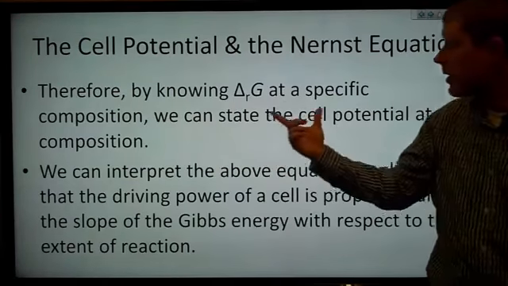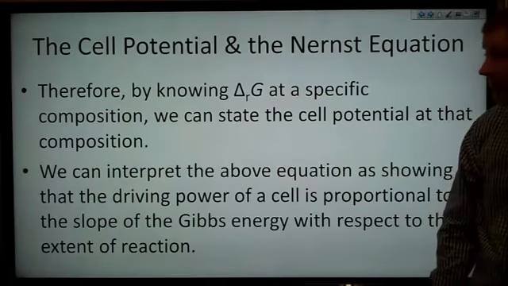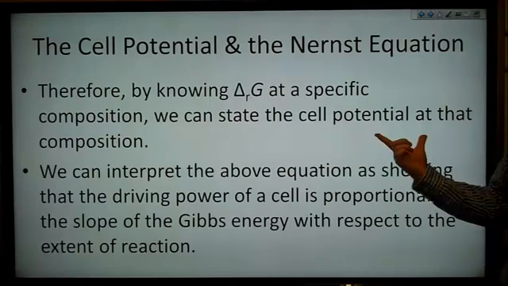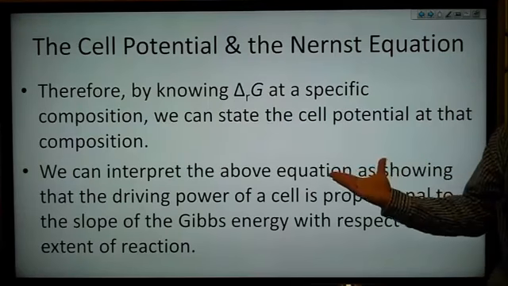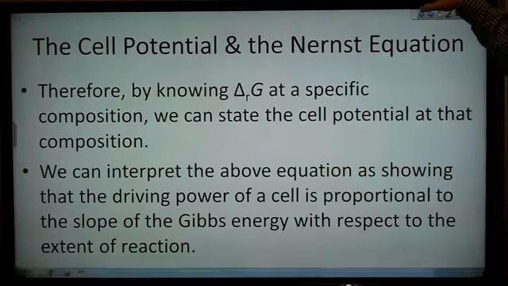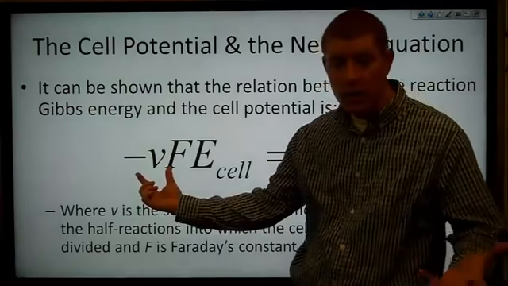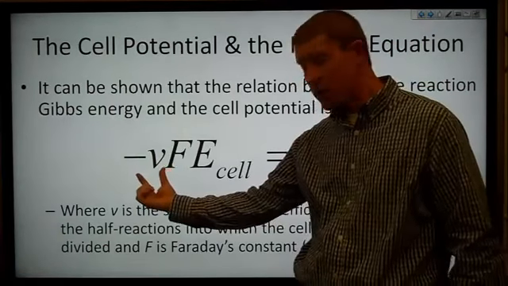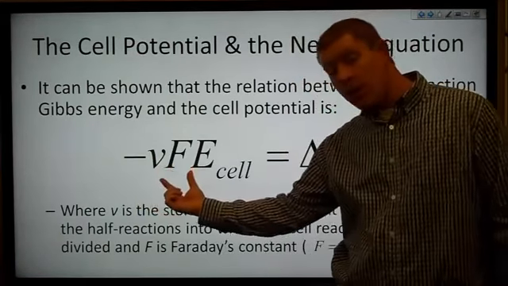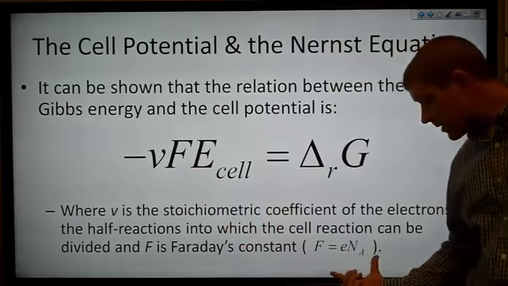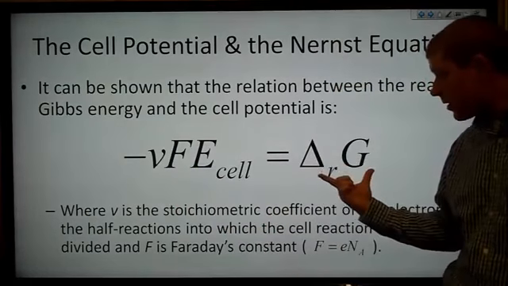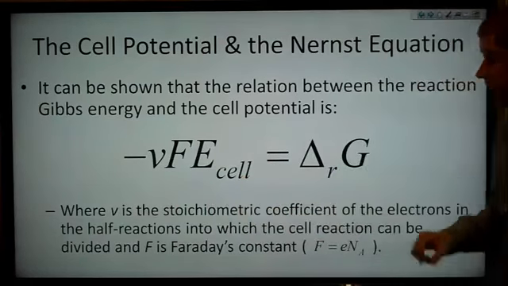So, by knowing delta RG at a specific composition, we can then state the cell potential at that composition. Because if we know this value, and we're assuming we know what chemical reaction we have going on, so we know the value for V, and we know the value for F, because that's a constant. So, if we know delta RG, then we know E cell.